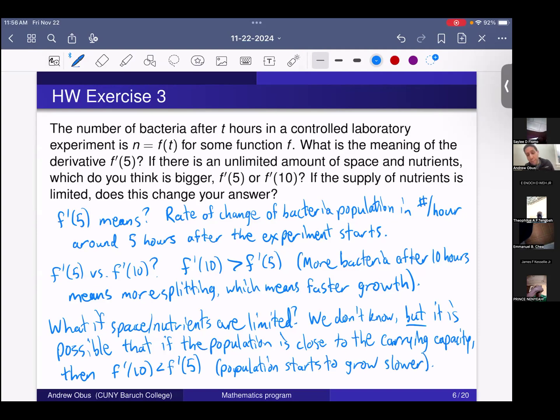Right? Or it's possible that f prime of 10 is still bigger than f prime of 5. Maybe we're not that close to the carrying capacity.